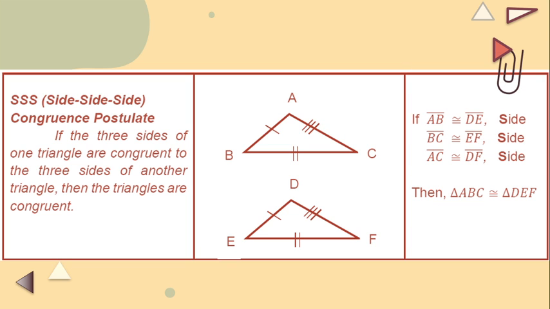And ito yung ating mga sides na congruent na nagpapatunay na yung dalawang triangles natin ay congruent. If AB is congruent to DE, and BC is congruent to EF, and AC is congruent to DF, then triangle ABC is also congruent to triangle DEF. So, that is by SSS postulate.